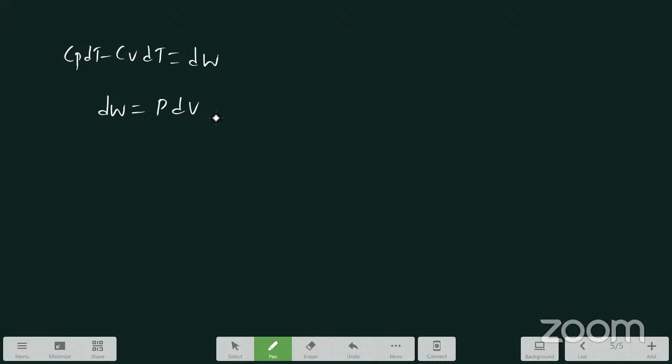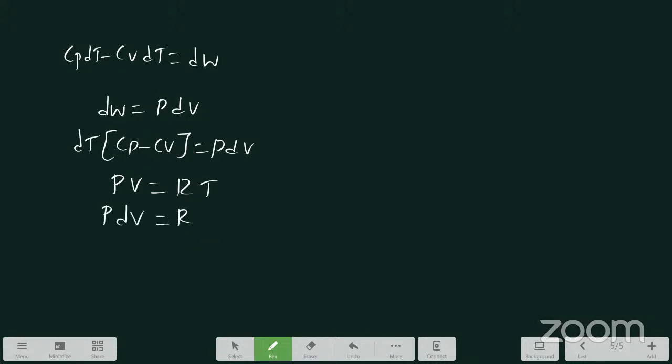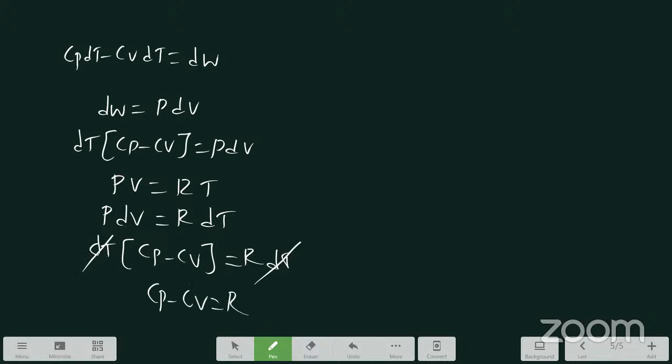In thermodynamics, student, dw is equal to p dv. Taking dt common, Cp minus Cv into dt equals p dv. For 1 mole ideal gas, the equation is PV equals nRT. n stands for 1 mole. P constant, differentiation gives dV. R constant, differentiation gives dT. Substitute. dt Cp minus Cv equals R dt. dt cancels. Cp minus Cv is equal to R.